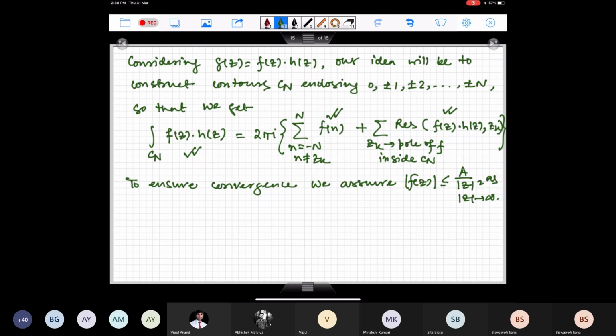But we should also make sure that somehow we get the value of the integral directly without applying the Cauchy residue theorem. Because the Cauchy residue theorem we are trying to use so as to get the value of the infinite series.